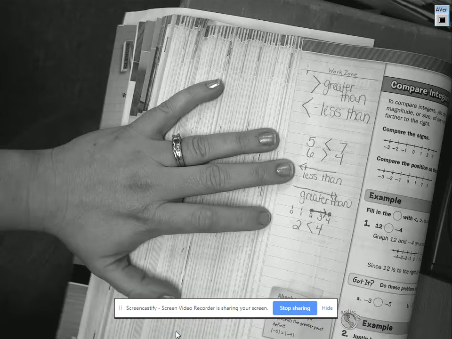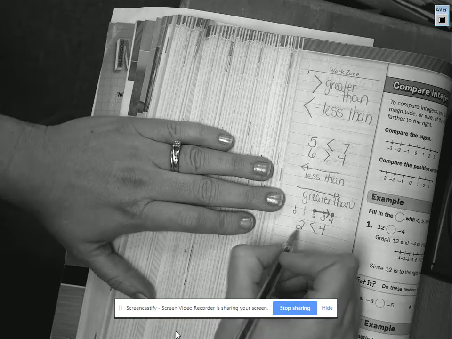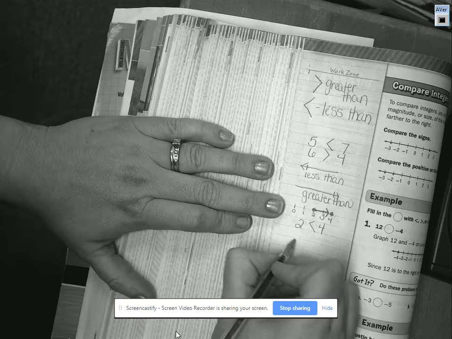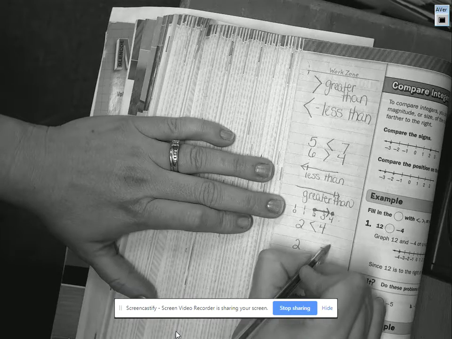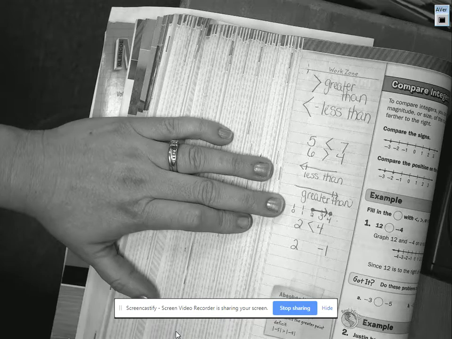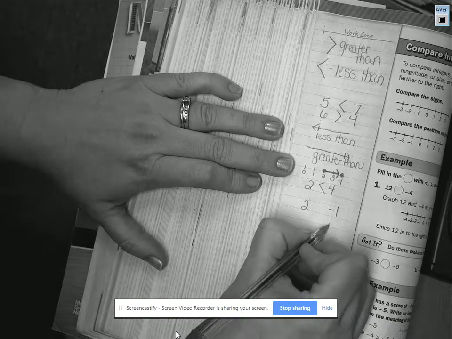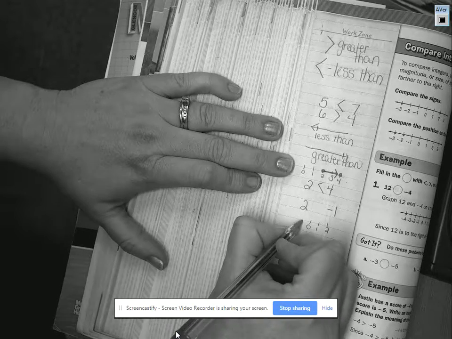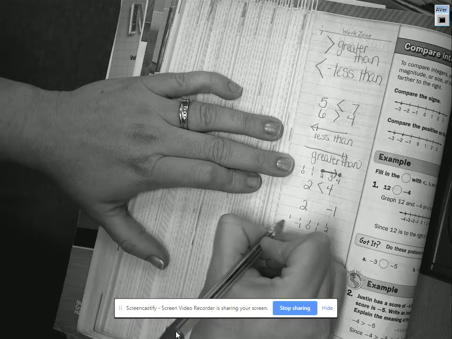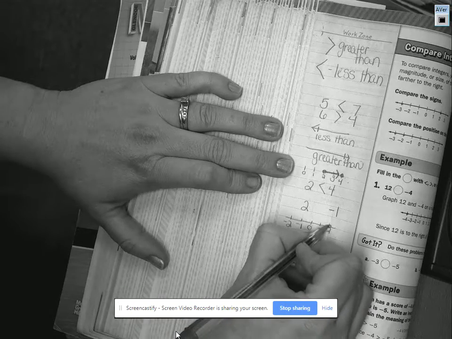Now, let's do a positive and a negative number. Let's say I have 2, and I'm going to compare it to -1. So I have my number line, and I have 2, 1, 0, -1, -2. I'm going to start here, and I'm going to here.